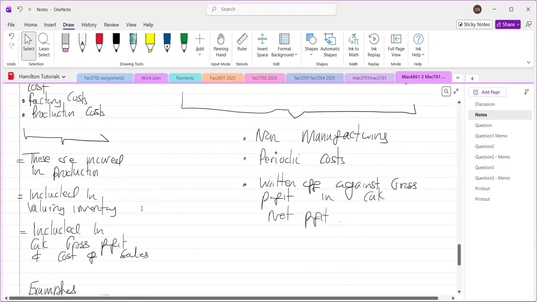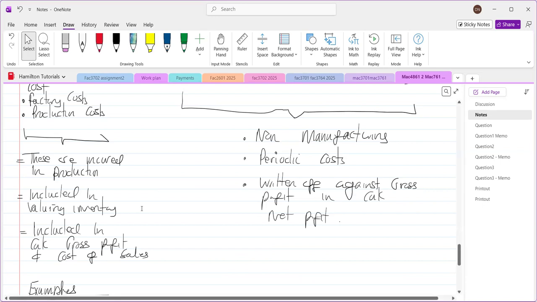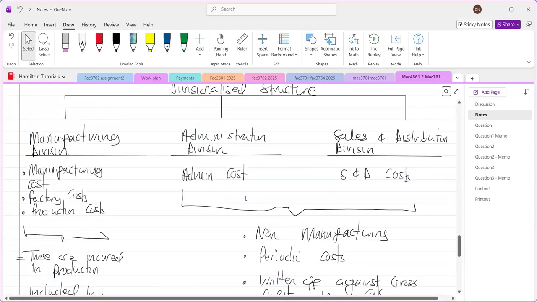Manufacturing costs go into the calculation of the inventory cost, the calculation of cost of sales, the calculation of cost profit. But the period costs are going to be written off after you have calculated cost profit in an effort to determine your net profit.